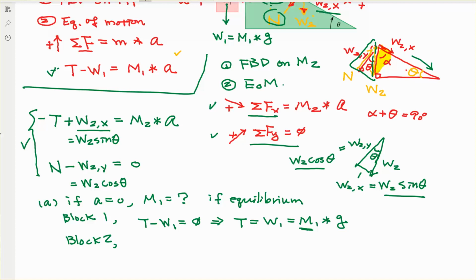I have negative T equal to W2 sine theta. They give you M2, which is 19 kilograms, times G, and the angle. In this case, my problem here is 31 degrees.